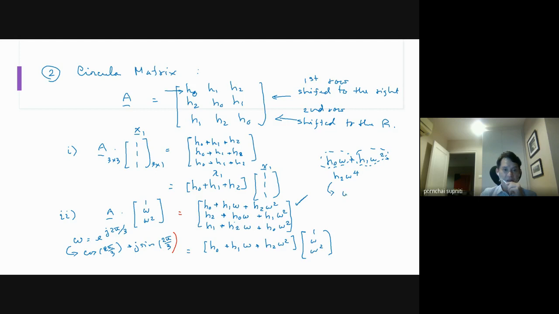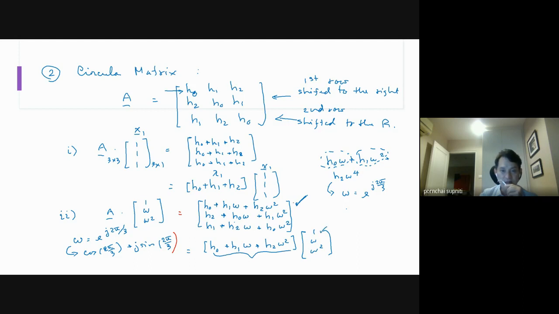But because omega is e to the j 2 pi over 3, so this first line comes from this whole thing multiplied by 1.